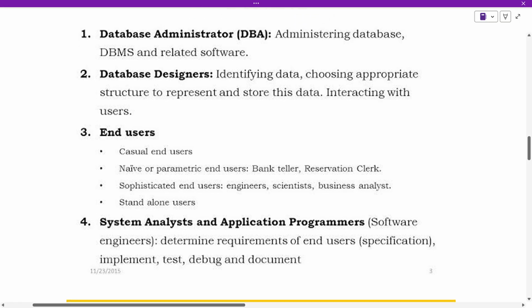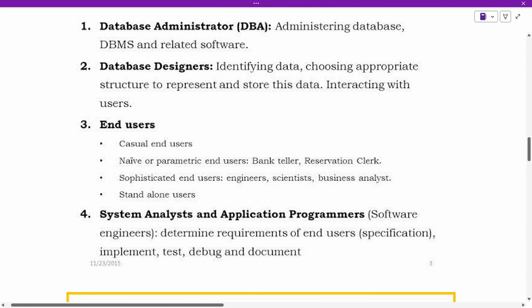And we have system analysts and application programmers. Application programmers is what we normally do as developers. As a developer, we do interact with the database, but not in a very direct way. We use our programming APIs to make procedure calls and ask the database to do certain things for us, and we can invoke some functionalities.